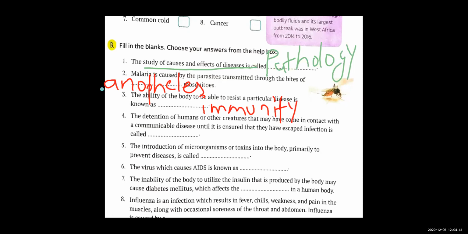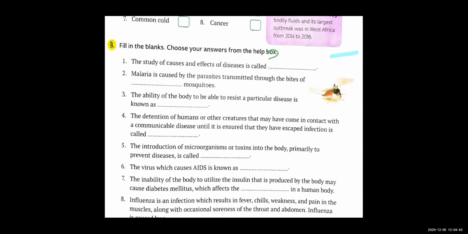Okay, let's move towards the fourth fill-up, which says the detention of humans and other creatures that may have come in contact with communicable diseases. It means a human has come in contact with a disease and that is communicable, meaning it can be transferred to another person. For example, talk about corona. Suppose a person A has been infected by corona, right?